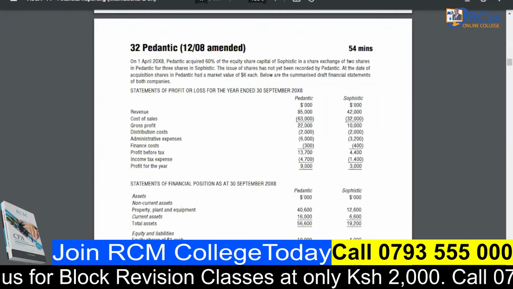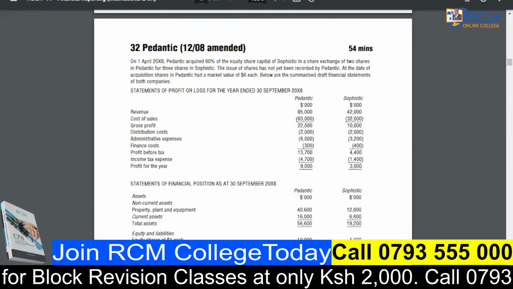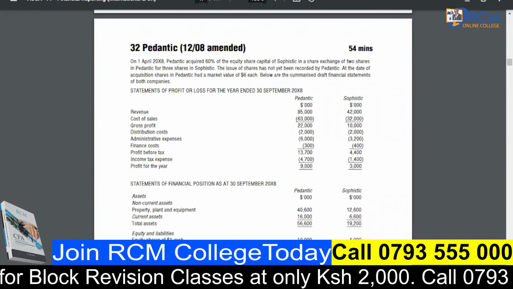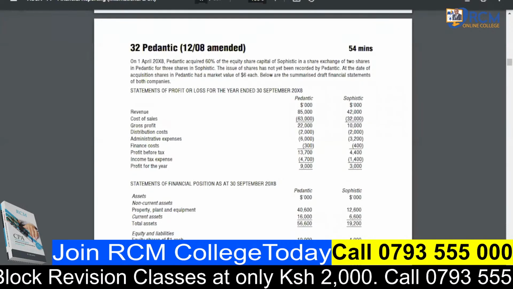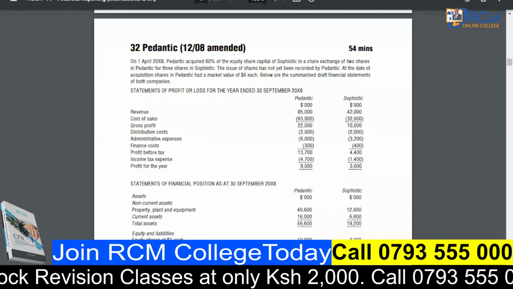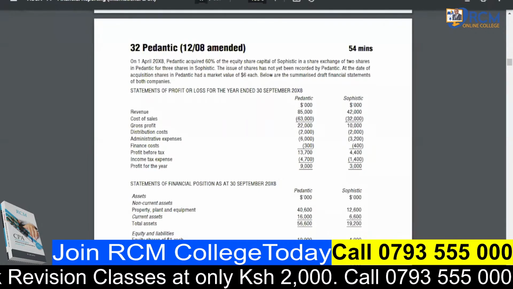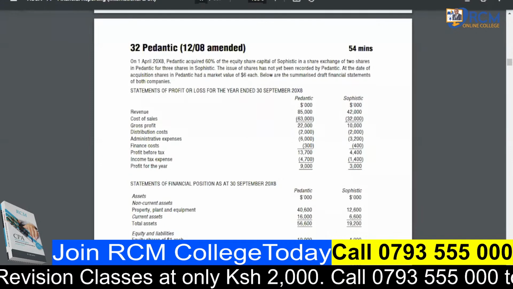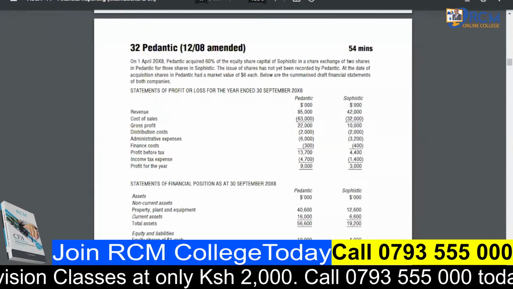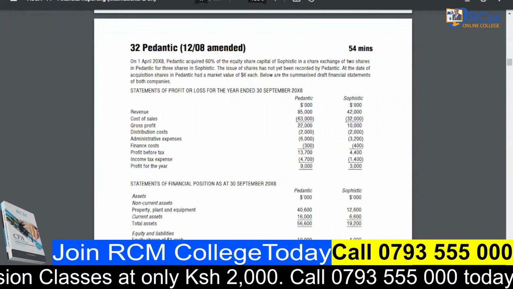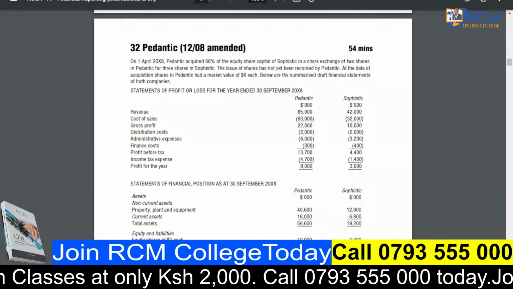The only non-current liability that I can see there is the 10% loan notes. From there, I'll be able to walk to current liabilities. Fortunately, it's only one. Great. Don't have to duplicate this. And just leave it like that, current liabilities.